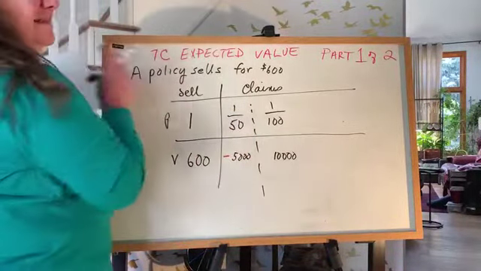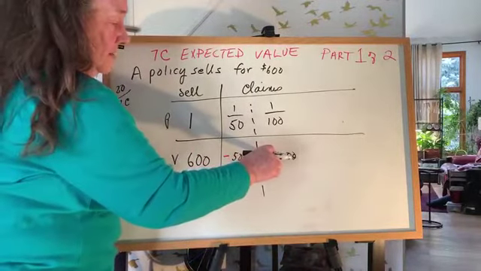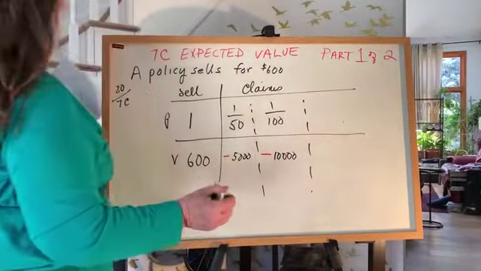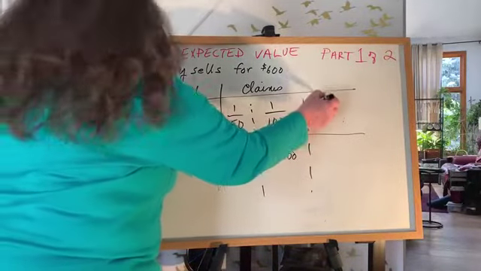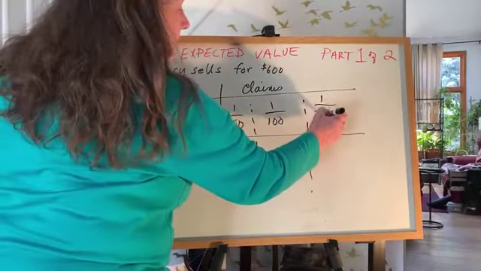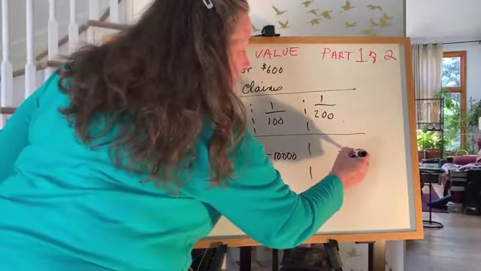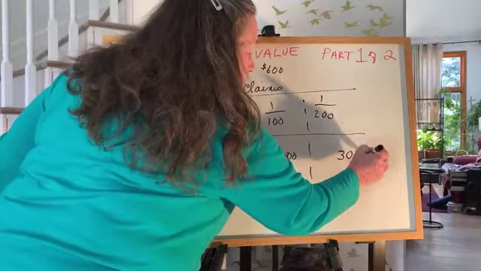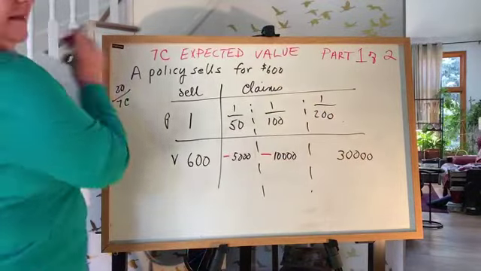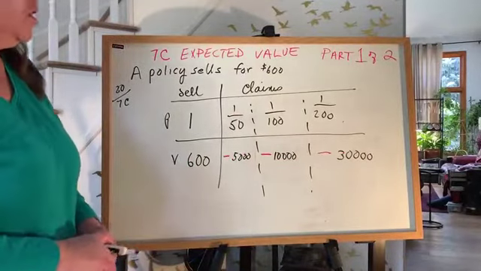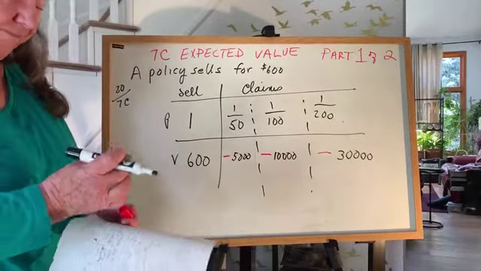And again, that's money I have to pay out, so there's my negative. I also know that 1 in 200 people file a claim for $30,000. Okay? You know, their house completely flooded in the tornadoes. Okay? So that would be my setup.